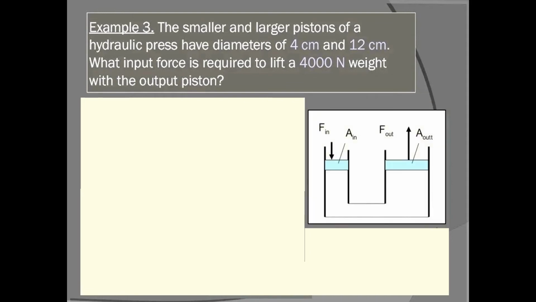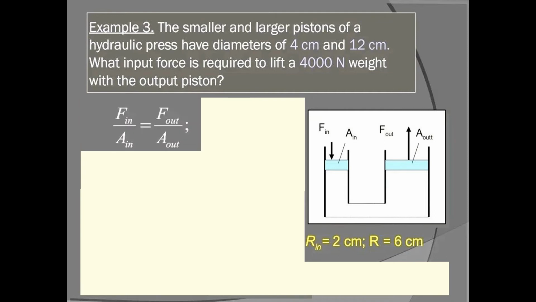So here's the illustration wherein the input force is to lift the 4,000 Newton weight. The radius of that piston is set to be equal to 2 centimeters, and the radius for the output force piston equates to the larger one, 6 centimeters.